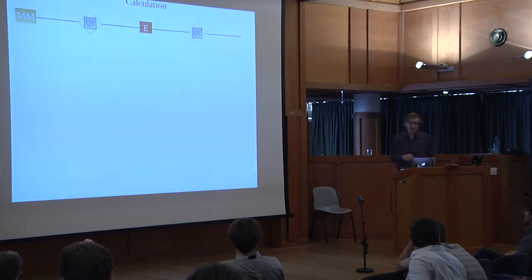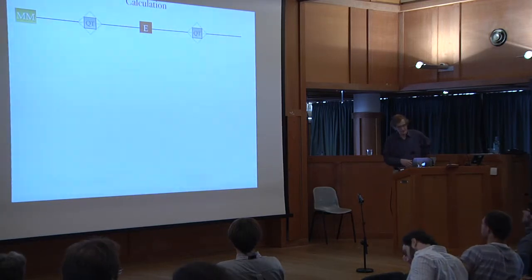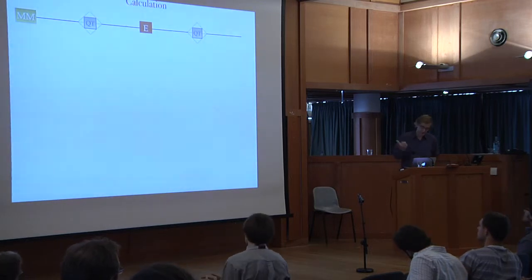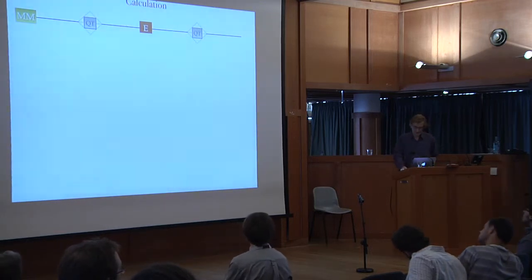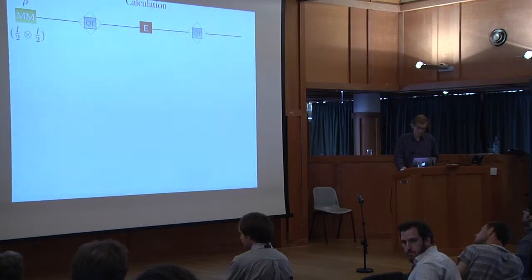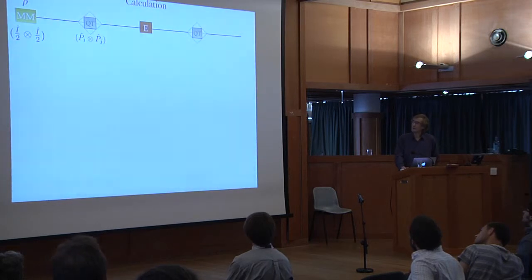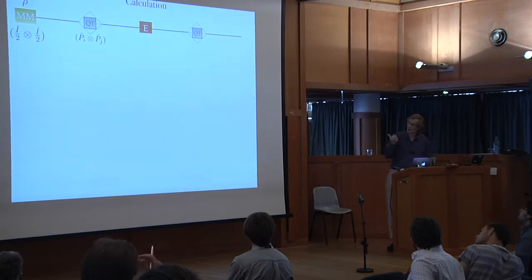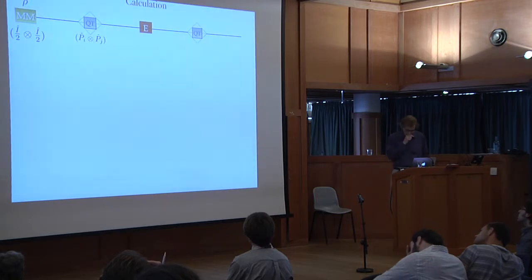And I've turned this on its side here just to make the slide easier, but time's now going across the page. So we start off with a maximally mixed state rho. We want to calculate the quantum tomography data. So we'll want to calculate the probabilities of outcomes I and J. Let's just number our quantum tomography data I, J, K, L, etc. So they're just projection operators.